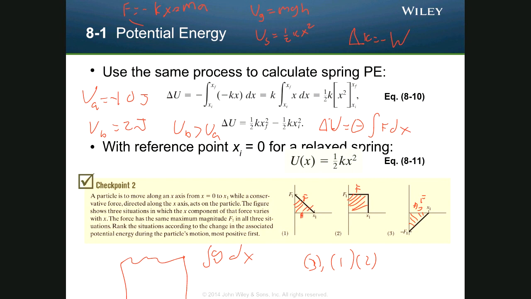So I think what I would recommend to you is to marinate with it a little bit, read it, and focus on the words that are important, because reading these problems and interpreting them are really incredibly important. So we know what we want to do. We want to rank the situations, but we want to rank the change in associated potential energy.